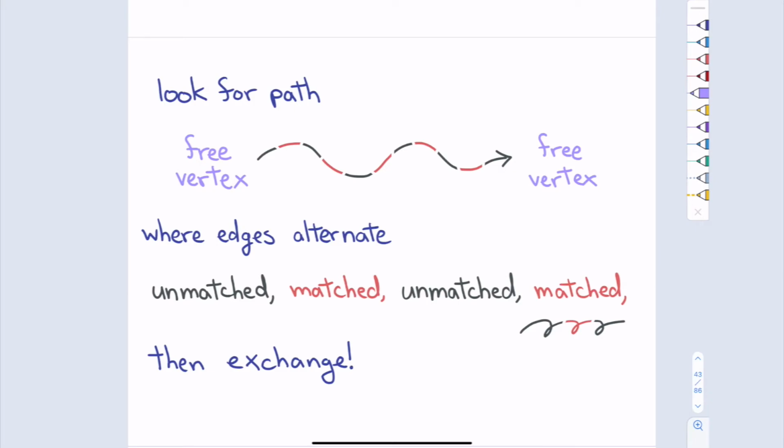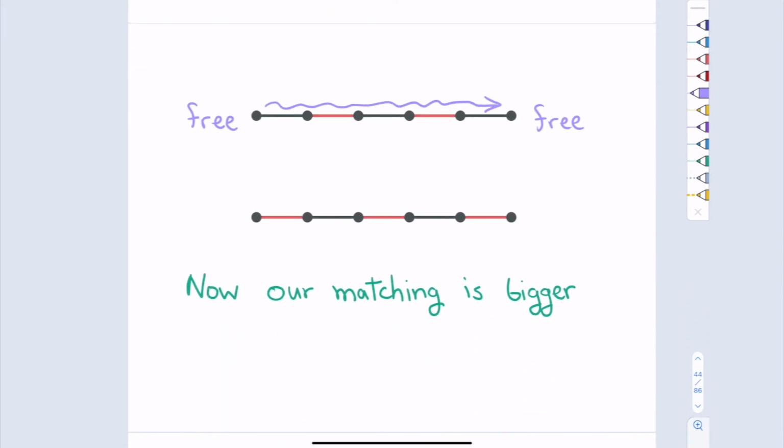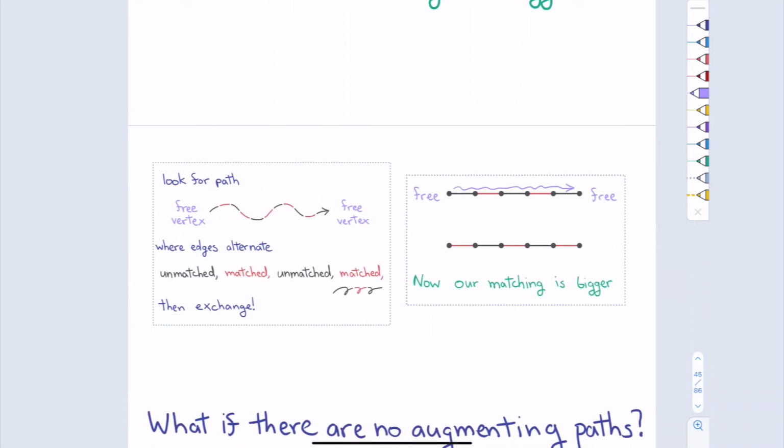I can swap all the red for the black and increase the size of my matching. So you do the exchange, and you've added one more edge to your matching. It's very similar to some of the flow algorithms and disjoint path algorithms we've discussed.